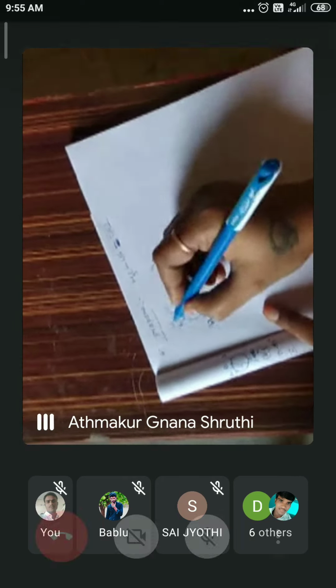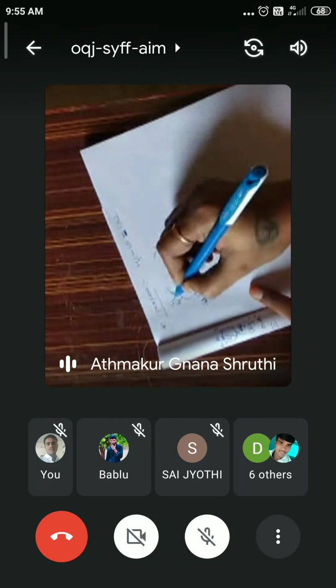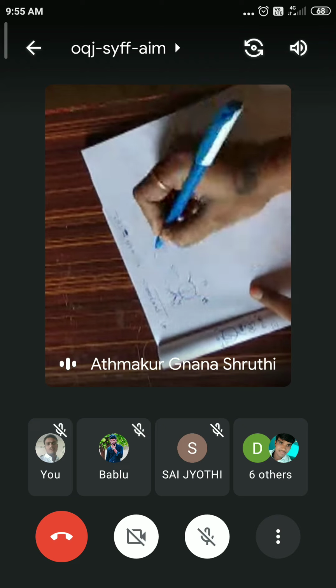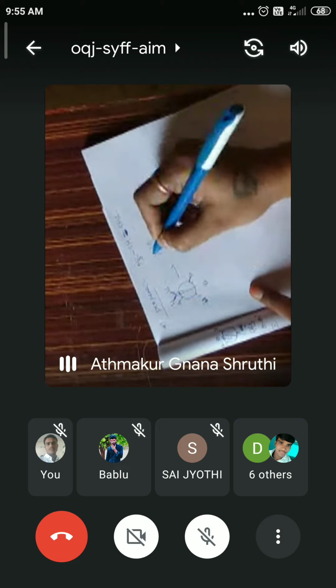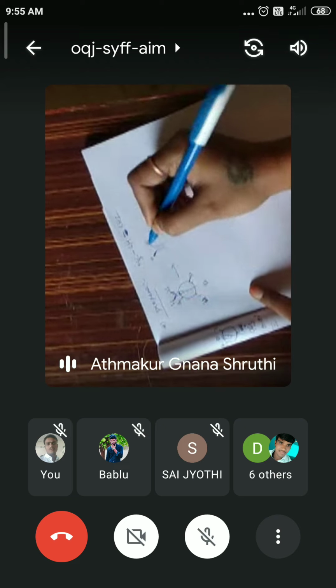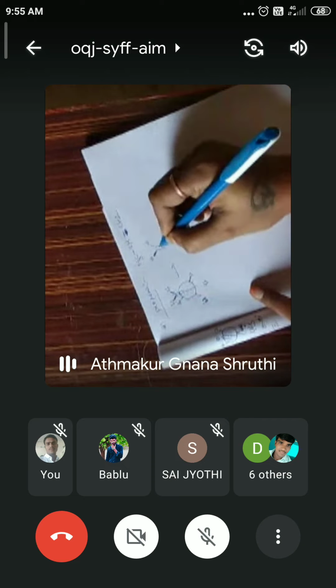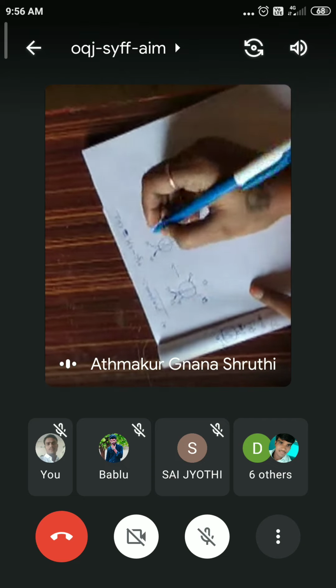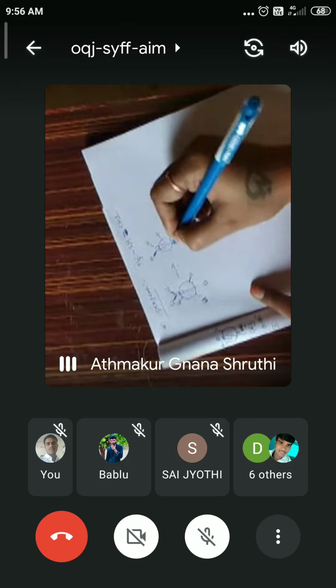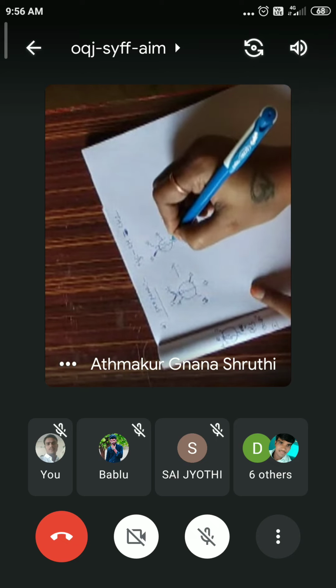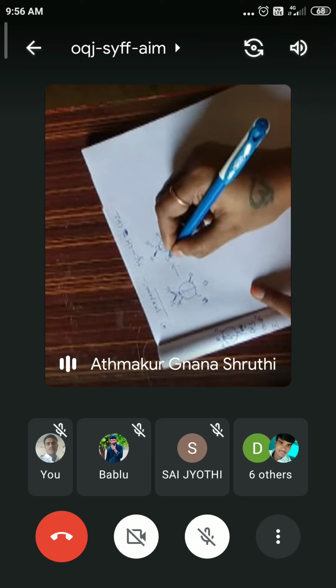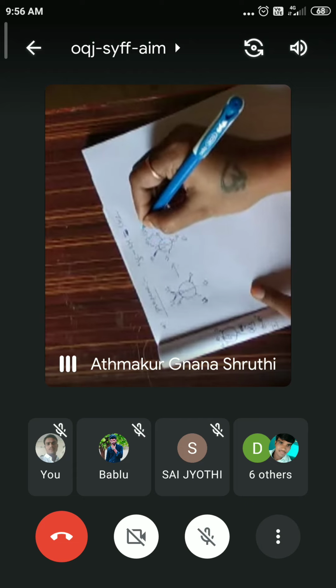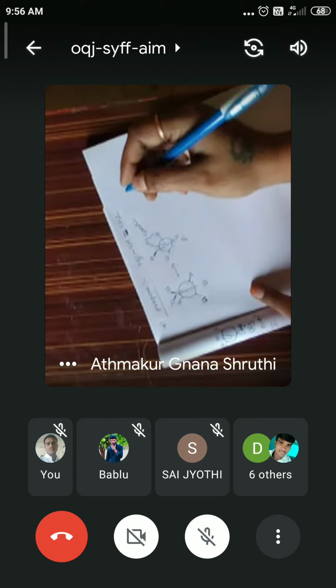Now in these two hydrogens, one is present in plane and one is present out of plane. Now this is the hydrogen out of plane, hydrogen in plane, and the hydrogen of the CH. Next hydrogen comes here, and here is the hydrogen, and here is the hydrogen. So these are gauche to each other.